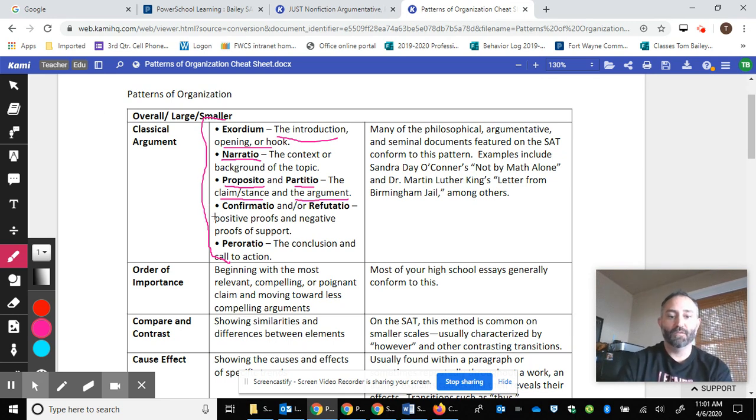very poignantly and closely. The next part of the argument is known as the confirmatio, and sometimes they include what's called the refutatio. The confirmatio is basically positive proofs to support the claim that the speaker is making. So if I'm making an argument on a particular topic, if I present positive evidence to support my argument, that's part of the confirmatio.